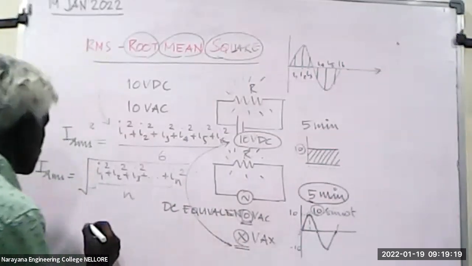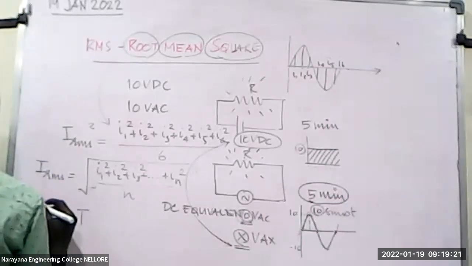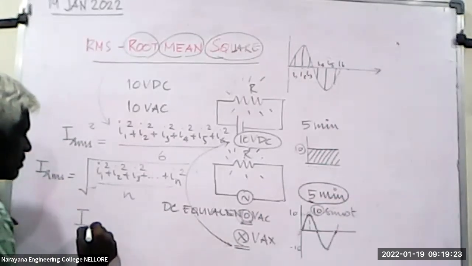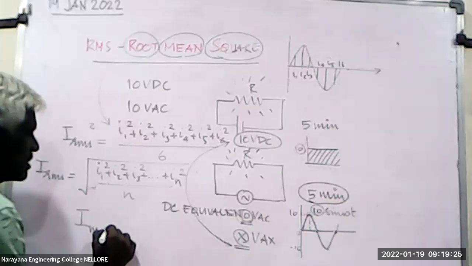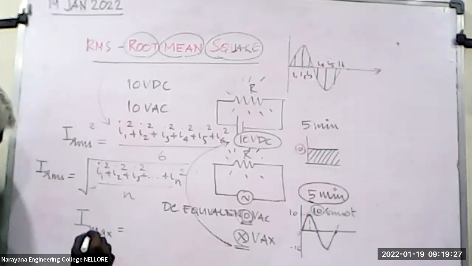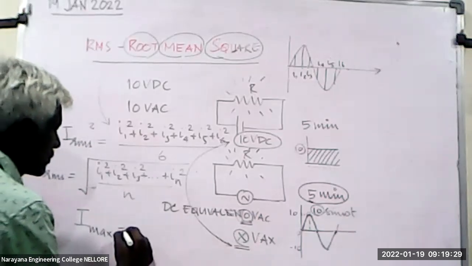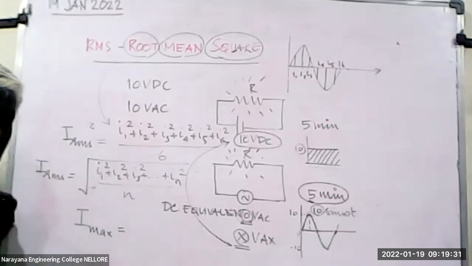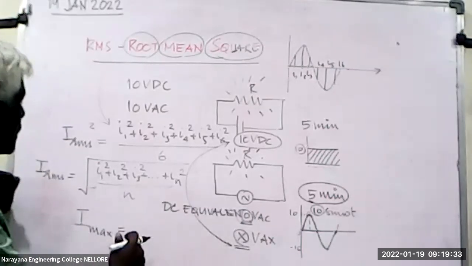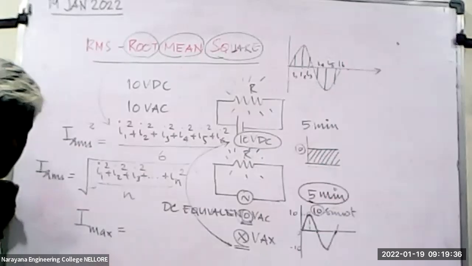You would have seen the relation between the peak value and the RMS value, I max and IRMS. Do you know that? Have you seen the relation between IRMS and I max?